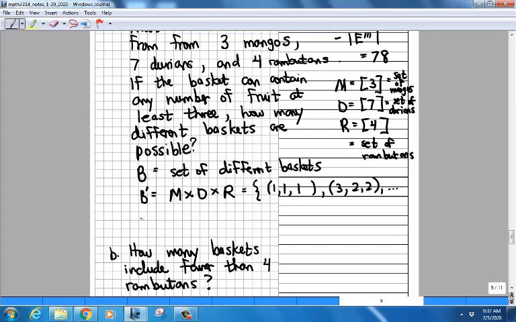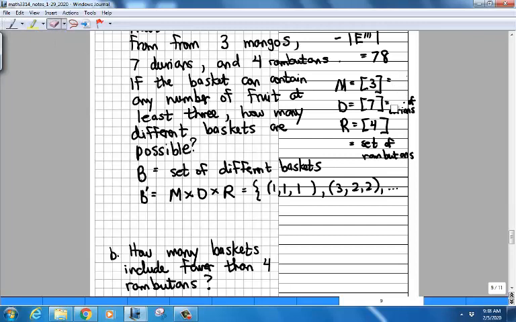So Dalton is suggesting, since what's really important is the number of fruits of each type in the basket, let these sets represent not the mangoes themselves. Don't let M be the actual mangoes, but the number of mangoes that are going to go in the basket. See the difference there?